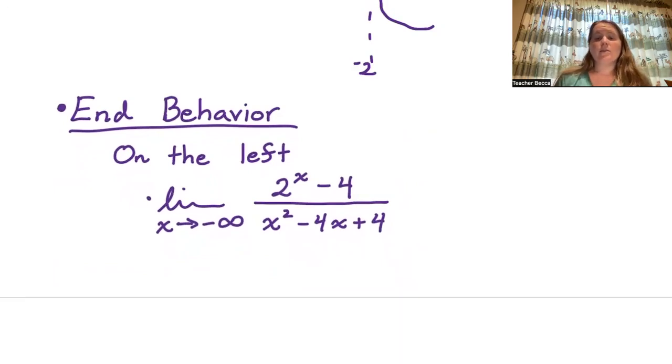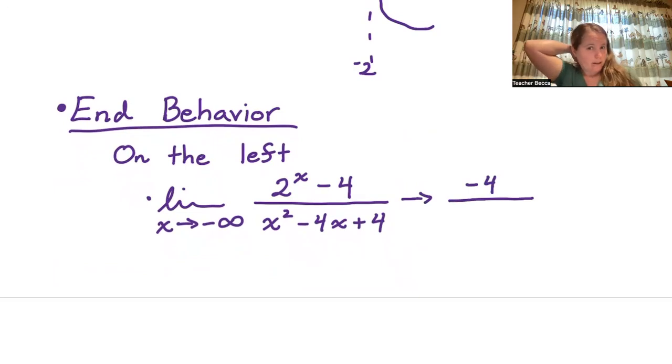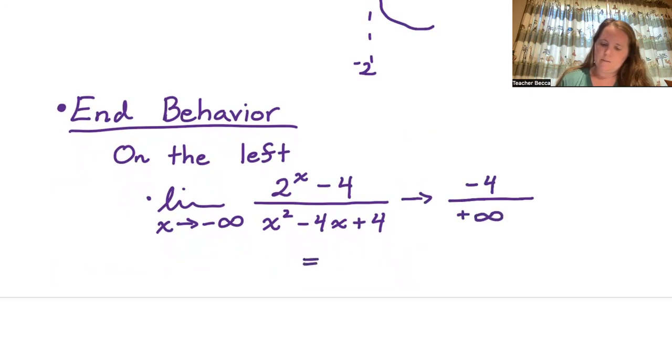As x goes to negative infinity, 2^x goes to 0, so this top part is just going to go to minus 4. And x^2 - 4x + 4 goes to positive infinity. And so on the left, our limit is just going to be 0.